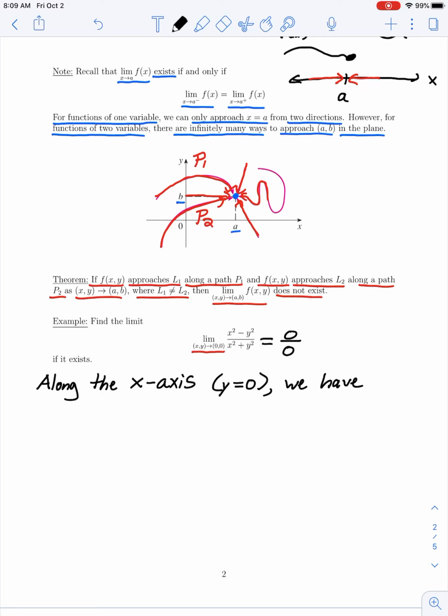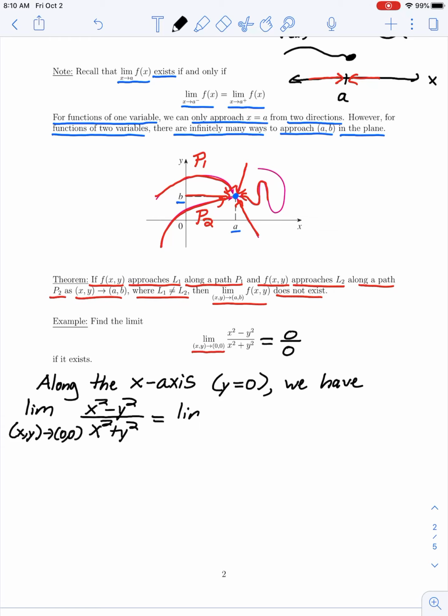So if we look at the limit of our function as (x,y) approaches (0,0) of (x squared minus y squared) over (x squared plus y squared), well, if we're considering points on the x-axis, that means that our y-coordinate must be 0.